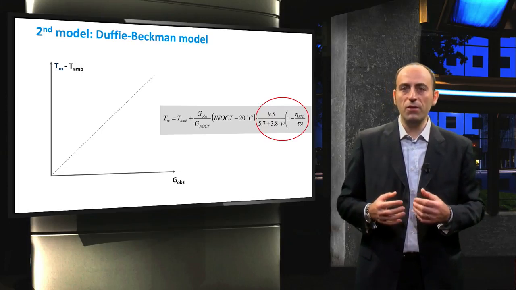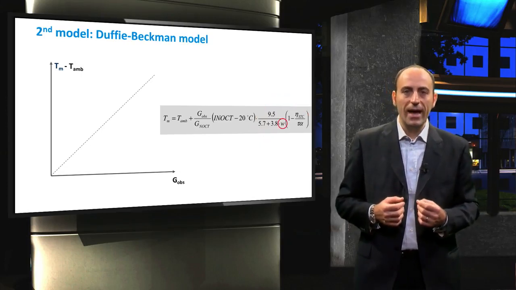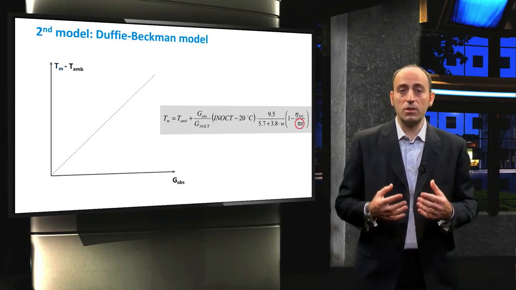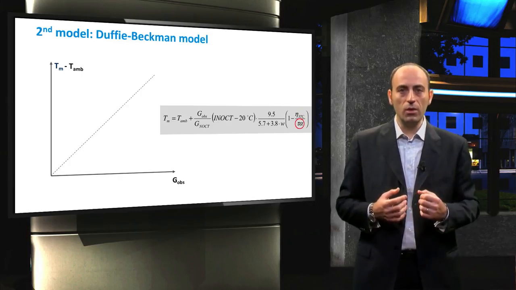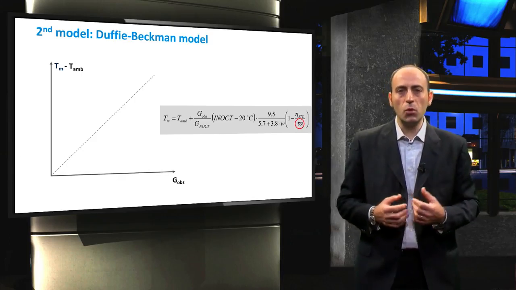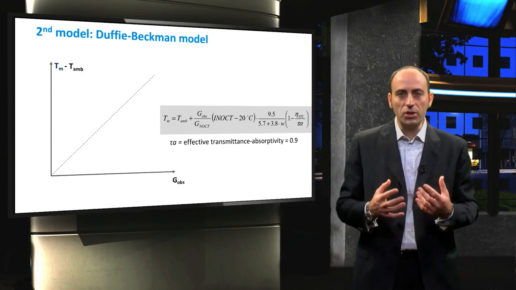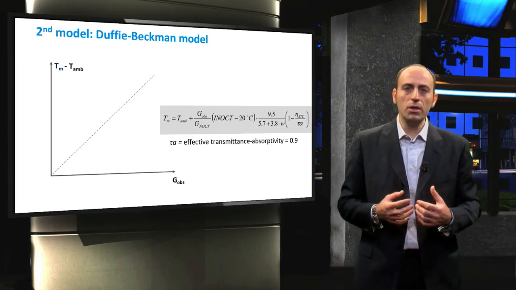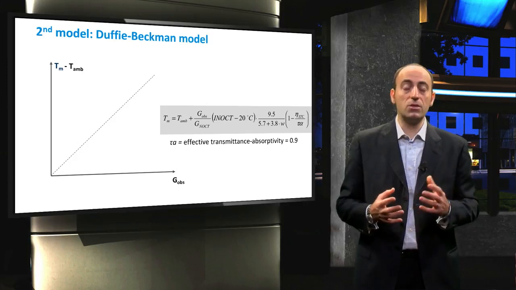Then we have the efficiency of the module at STC and the tau times alpha, where tau is the transmittance of the front layers of the module and alpha is the absorptivity of the module. Hence, the product gives the fraction of incident light that is absorbed by the solar cells. Usually, the product tau alpha is assumed to be 0.9.